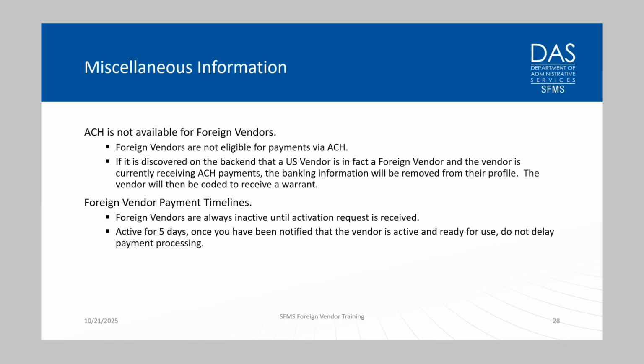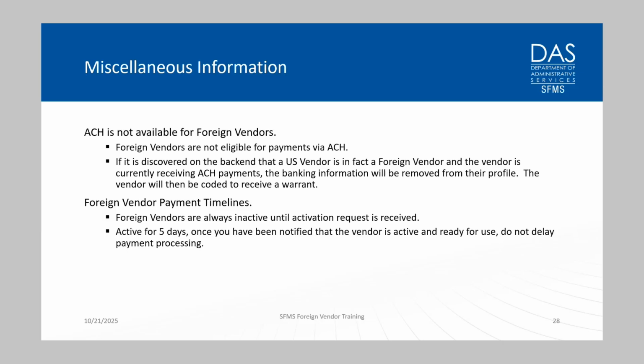We're not allowed to send ACH payments to foreign vendors, be they in the U.S. or not. We don't know where you're going to send that money on the back end of it, and we don't want to be on the hook or in trouble. The reporting requirements are such that we don't want to take that onto our shoulders. So you're being inactivated. Please reach out to the agency if you want to receive your payments as a wire.